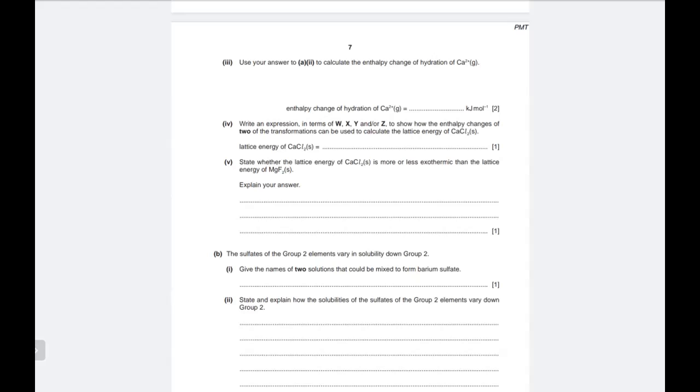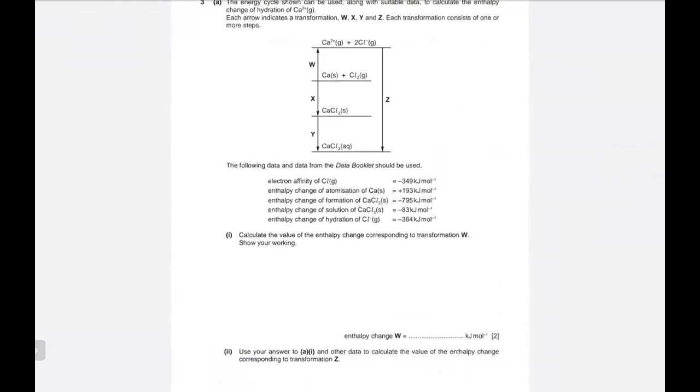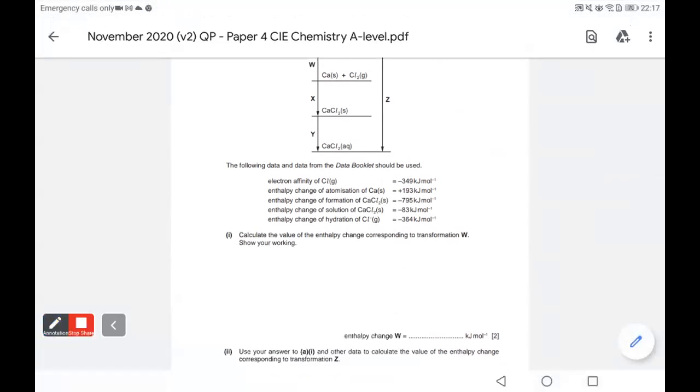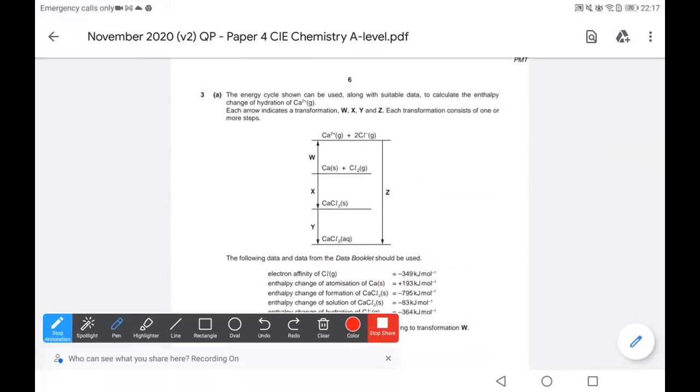Yes, that's right. So how can we take the lattice energy? It's already given, from here to here. Calcium 2 plus and 2 Cl minus gases form this.